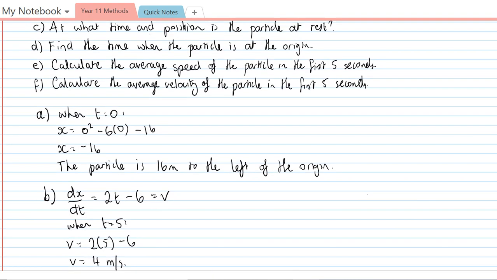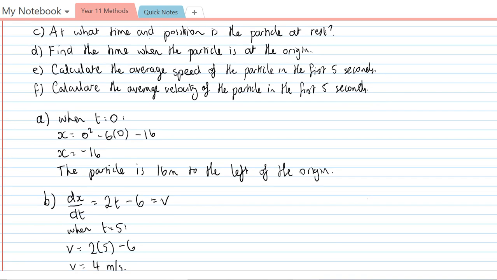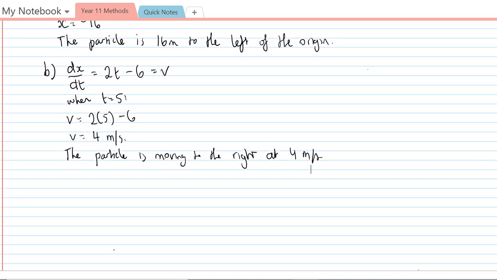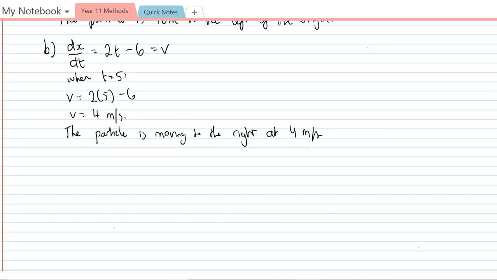Okay. Part C. At what time and position is the particle at rest? If the particle is at rest, what that means is that the velocity is 0. So we're really finding when v equals 0. And so that means 0 equals 2t minus 6, because that was the rule that we developed for velocity.